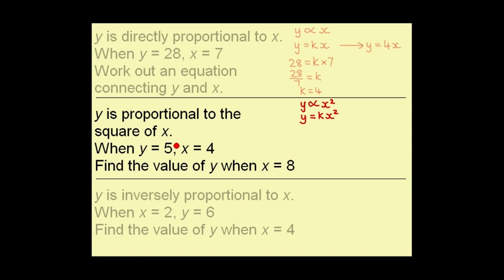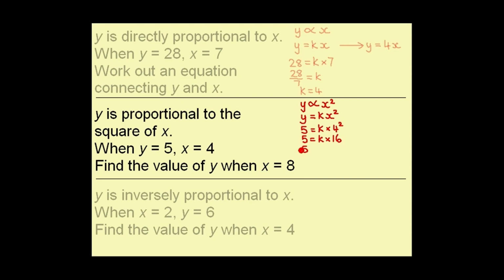Now y is equal to 5, so I can put that here. And x is equal to 4, so I've got k times 4 squared. So 5 is equal to k times 4 squared, which is 16. Now to find k, I can divide both sides by 16.